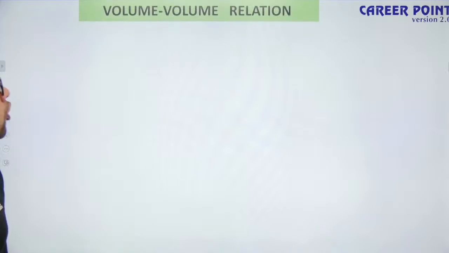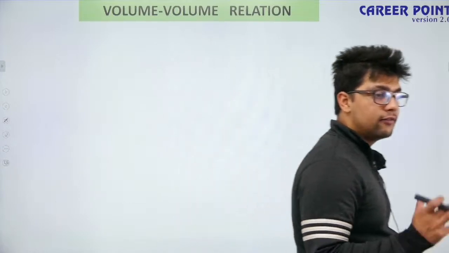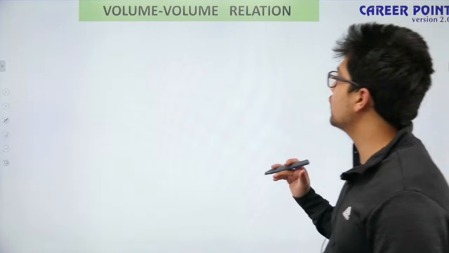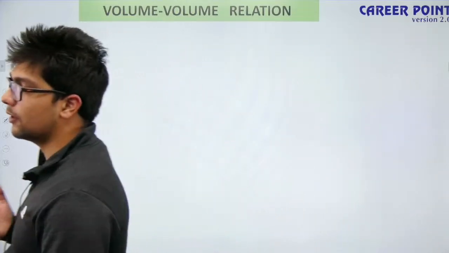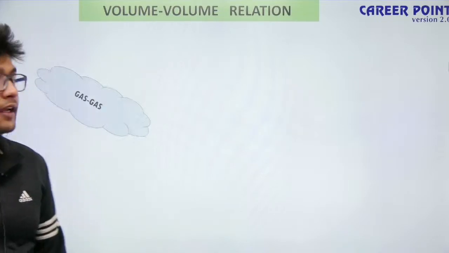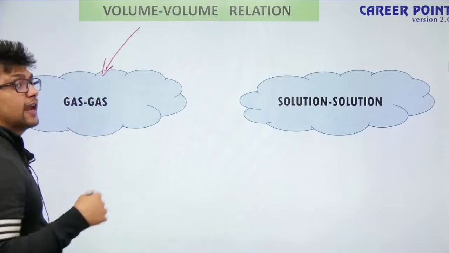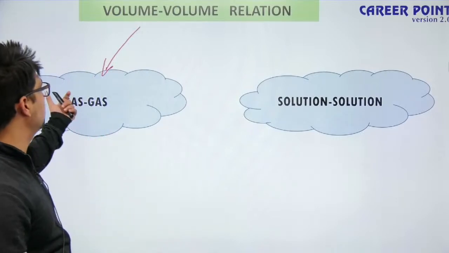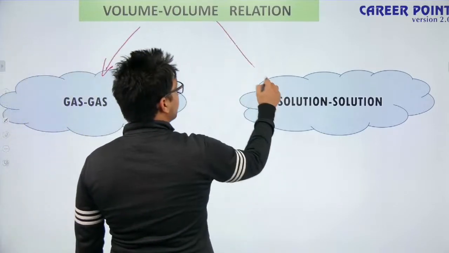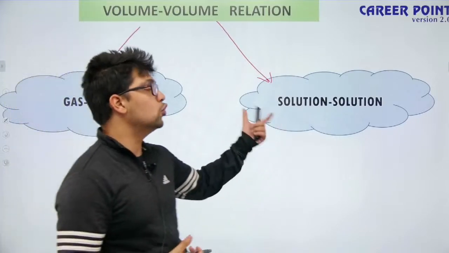Next is volume relationship. Now we have delved into the directions of volume relationship. Whenever we are talking about volume relationship, it can be of two types. It can be of gas type, where both the gases are involved, so the volume of a gas relating with the volume of another gas, or it can be volume of solutions, that is the relationship between two solutions.